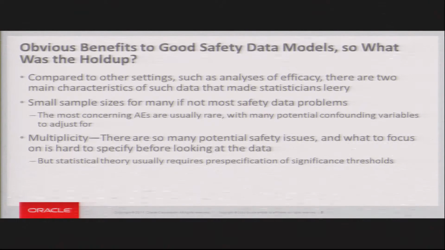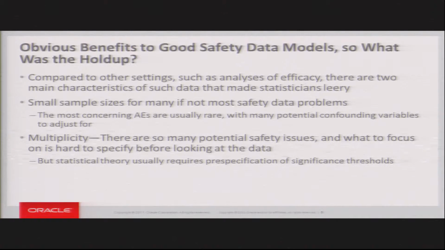The characteristics of such data that made statisticians leery are, first of all, there are a lot of small sample sizes because, thank goodness, there aren't a lot of safety problems with drugs. I mean, most drugs don't cause a heart attack in most patients, so the small sample sizes are often difficult, especially with clinical data. And then there's the multiplicity issue.